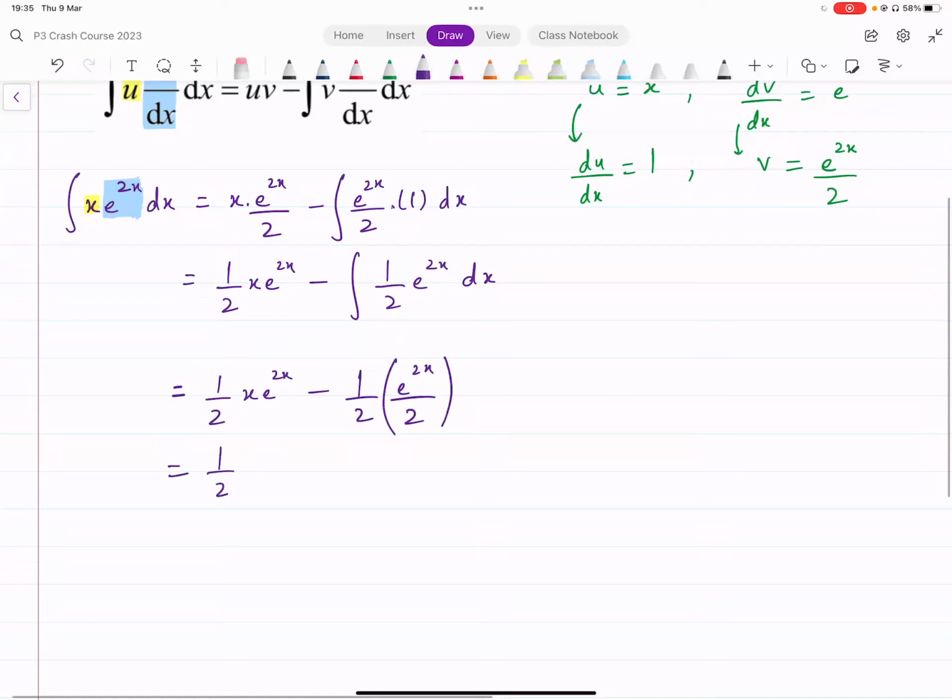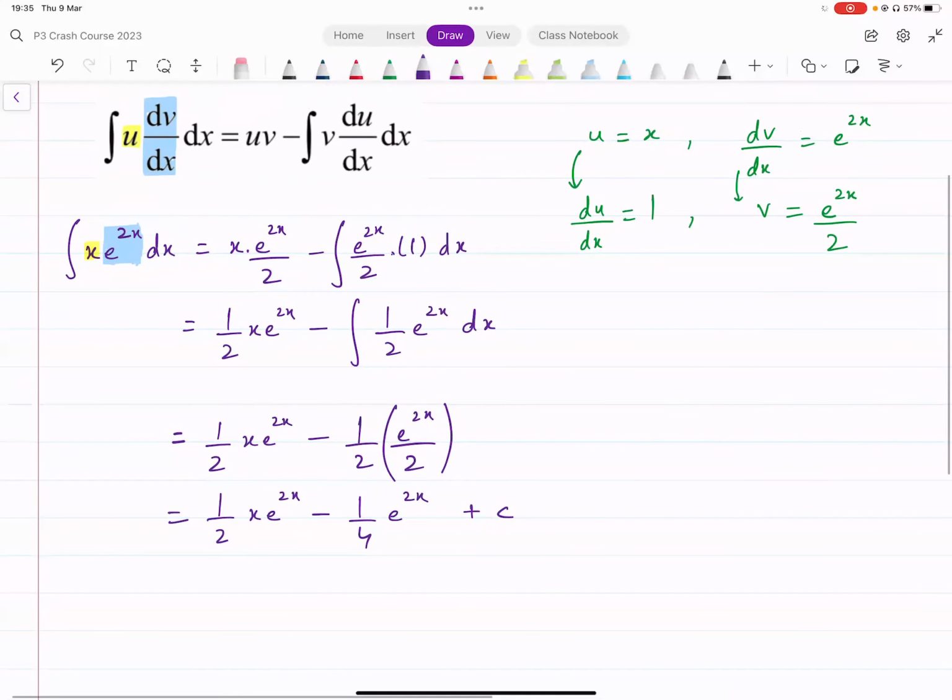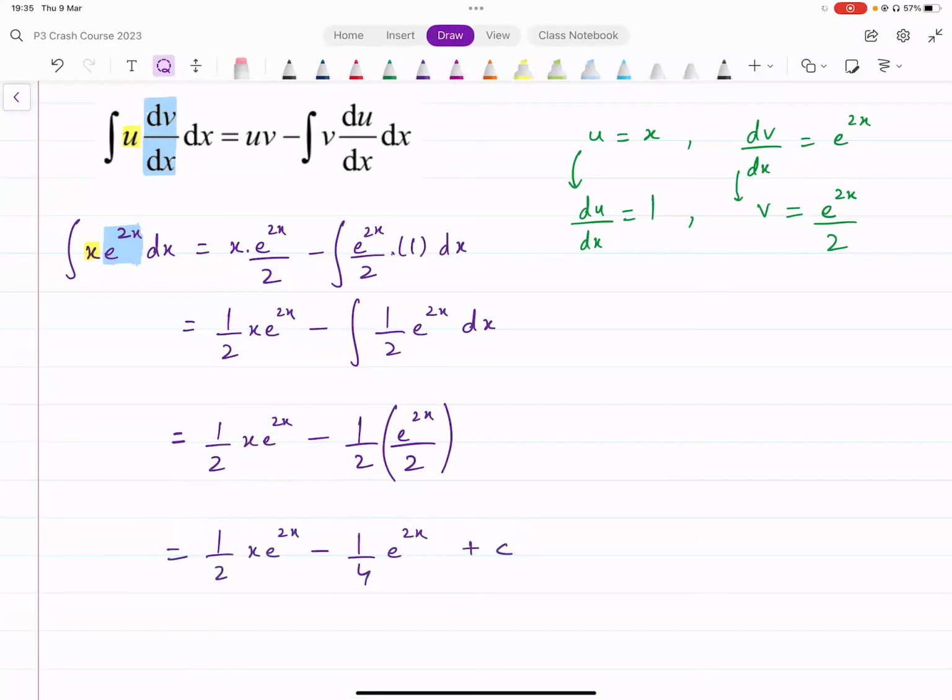Simplify this and you get 1 over 2 into x e raised to power 2x minus 1 over 4 into e raised to power 2x plus c. And that is the integration of this expression.